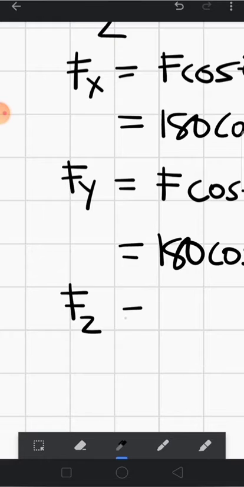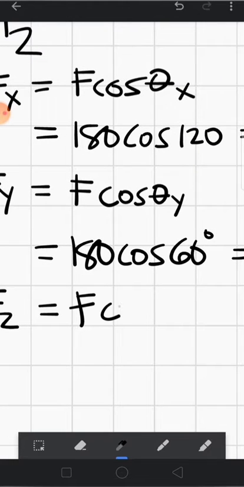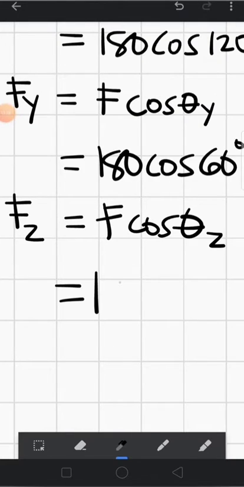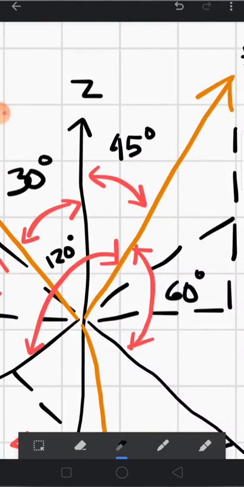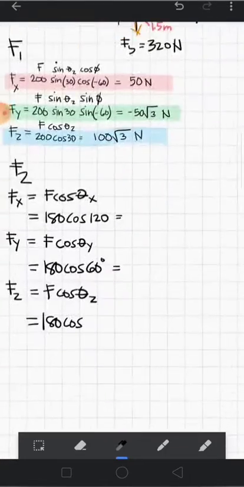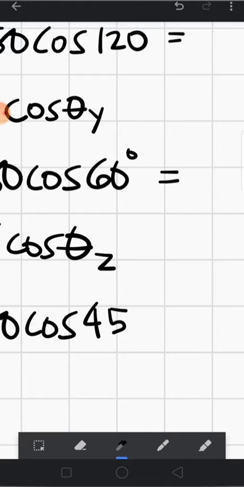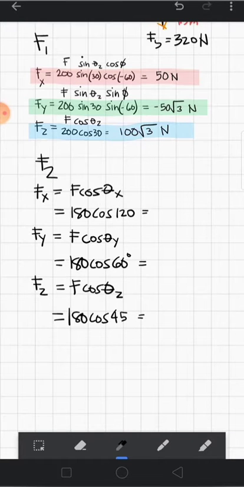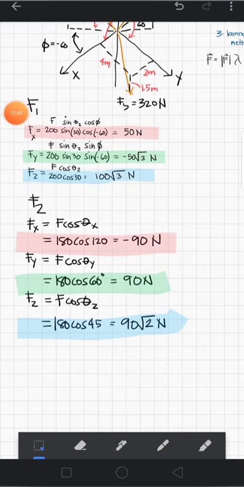Then for Fz, it's F cos theta z. So we have 180 times cosine of what we have here, 45 degrees. So now we got Fx, Fy, and Fz of force 2. These are the values.